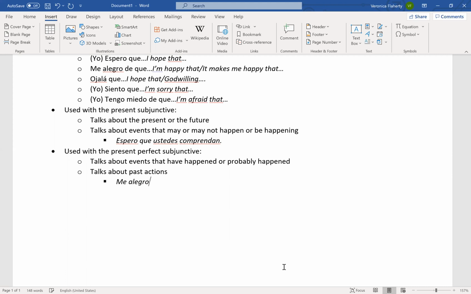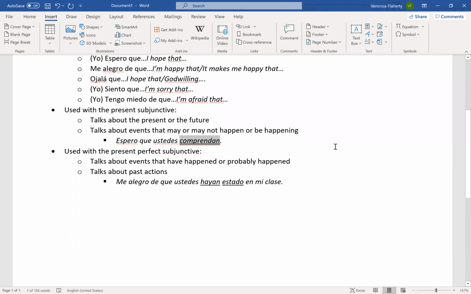Me alegro de que ustedes hayan estado en mi clase. I'm happy that you guys have been in my class. So we have our two words, our version of haber and our past participle. Where up here, we had only our one present tense subjunctive.